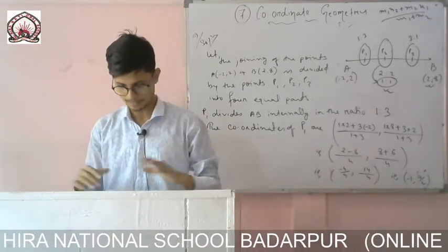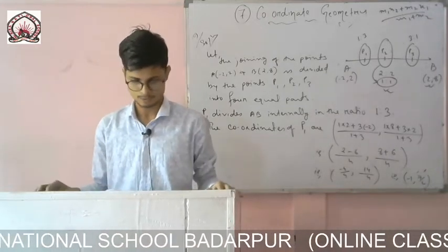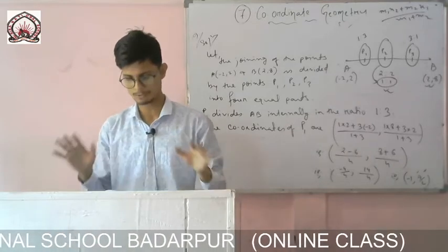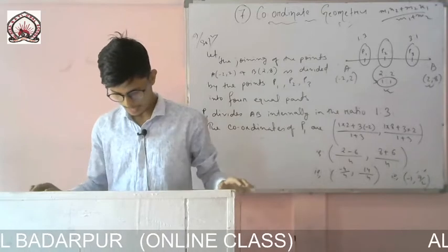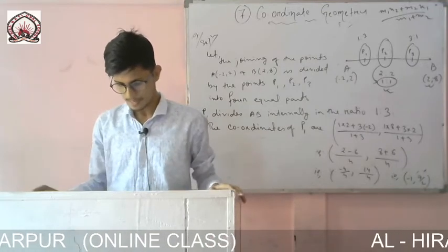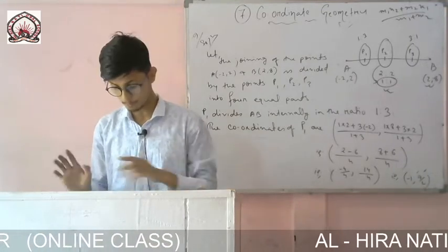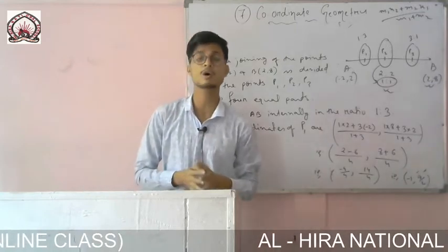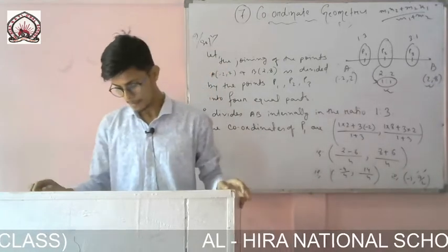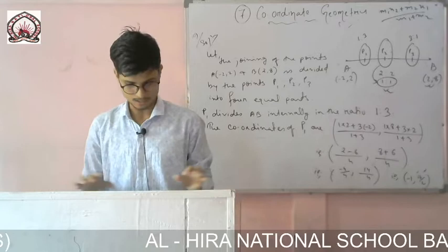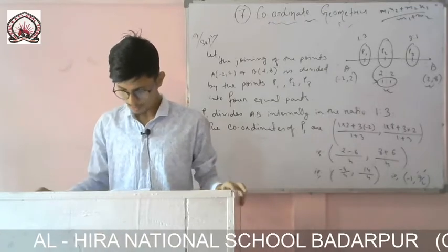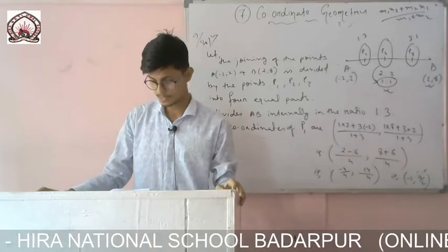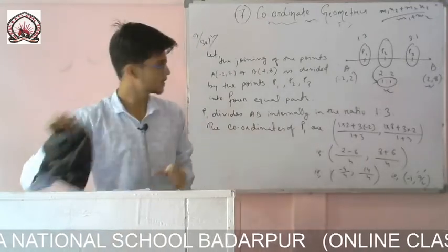We know this actually, but here it is given as a hint. But in the exam a hint will not be given. So prepare nicely. So you have to find the diagonals from this, then only we can find the area.